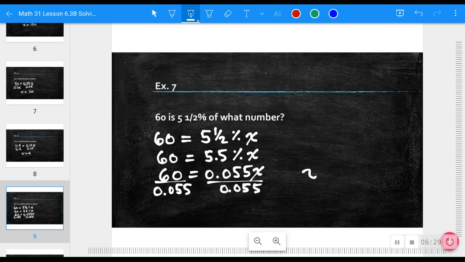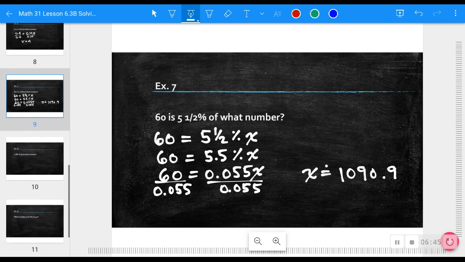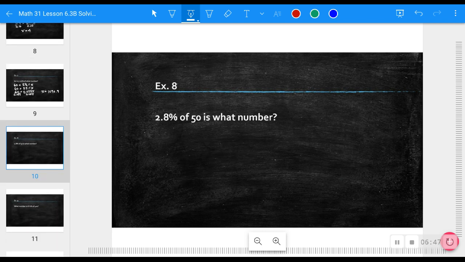And this problem doesn't turn out to give a very nice answer, so I'm going to round off here to 1090.9. It's actually a repeating decimal. It goes 90, 90, 90, 90, and you may notice that your calculator itself rounds off the last digit, maybe to a 9 or a 1, depending on how many digits are displayed on your particular calculator.